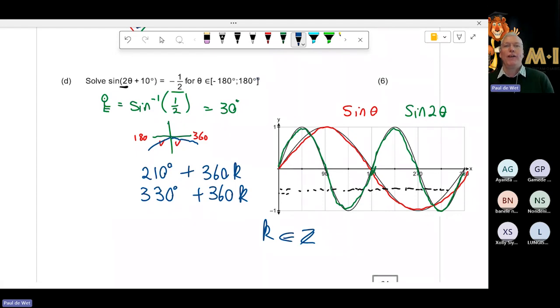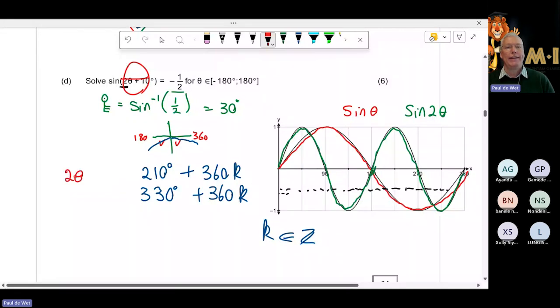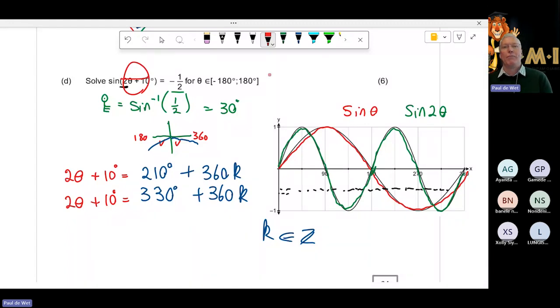Now, I'm very nearly finished with this question. But this question didn't talk about theta. It talked about 2 theta plus 10. The last thing I've got to do is solve for theta here. I'm going to do it quickly, because if you use your brain, it gets better.